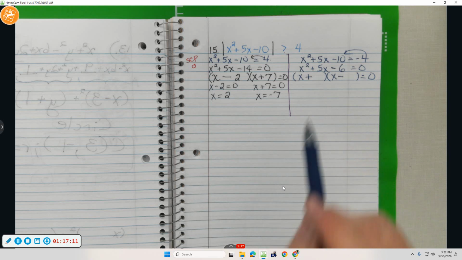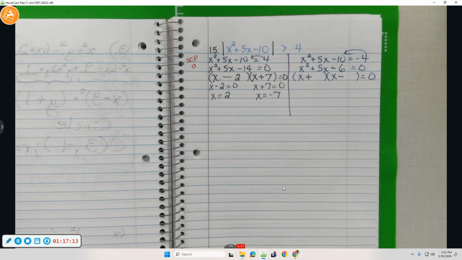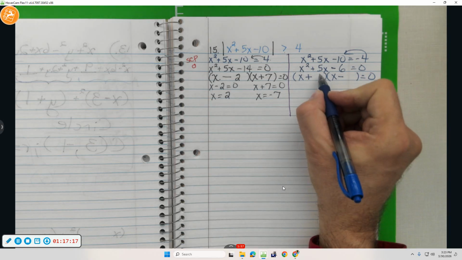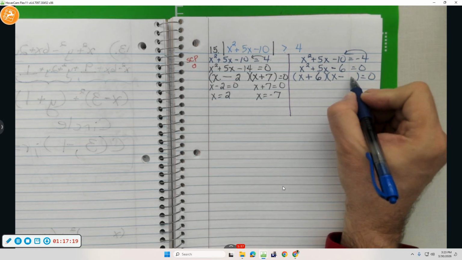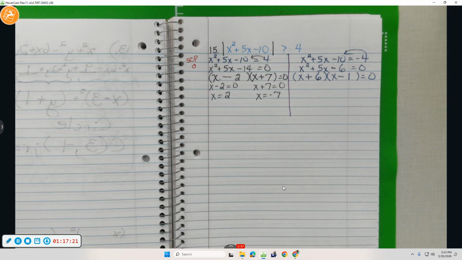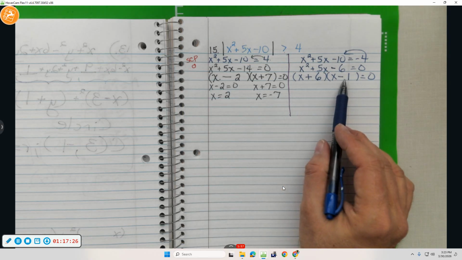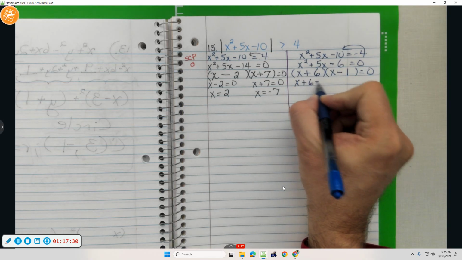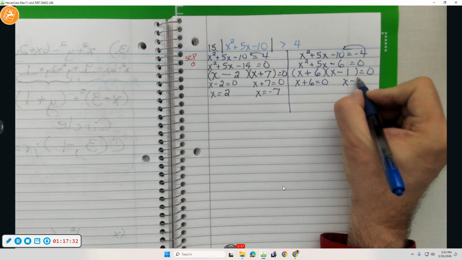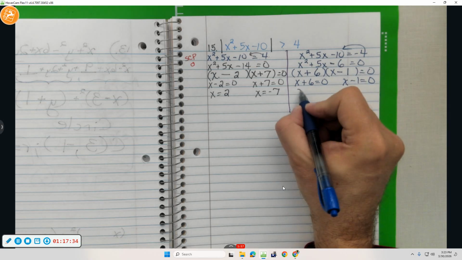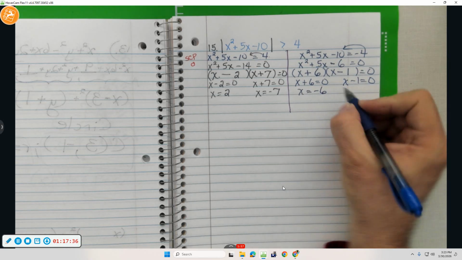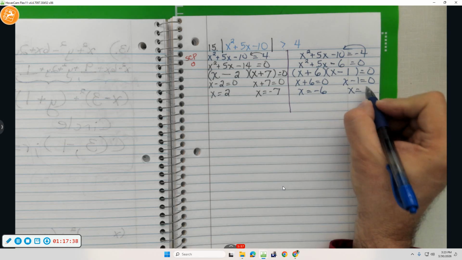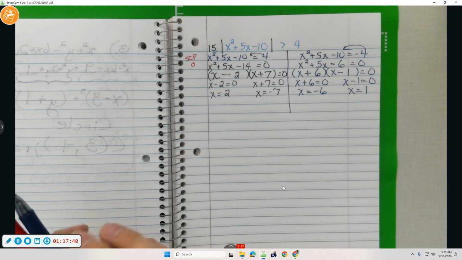What am I going to use? 1 times 6. How do I arrange them? 6 is positive, 1 negative. And then I set each factor to 0, and we get x equals negative 6 and positive 1.